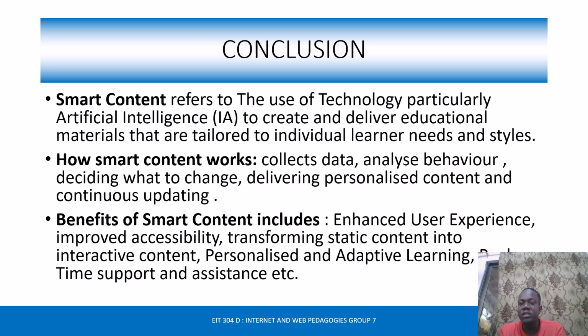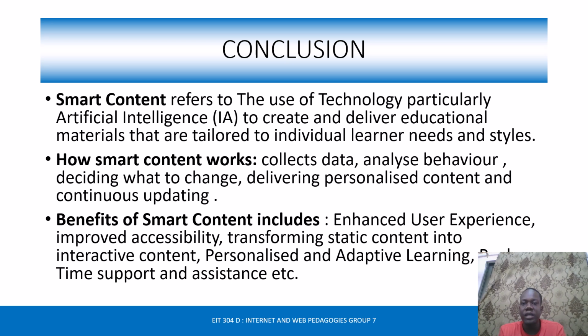It helps us to make changes from the data collected from other sources and then move on with our teaching and learning. This is the main reason why it has made teaching and learning easier and simple.